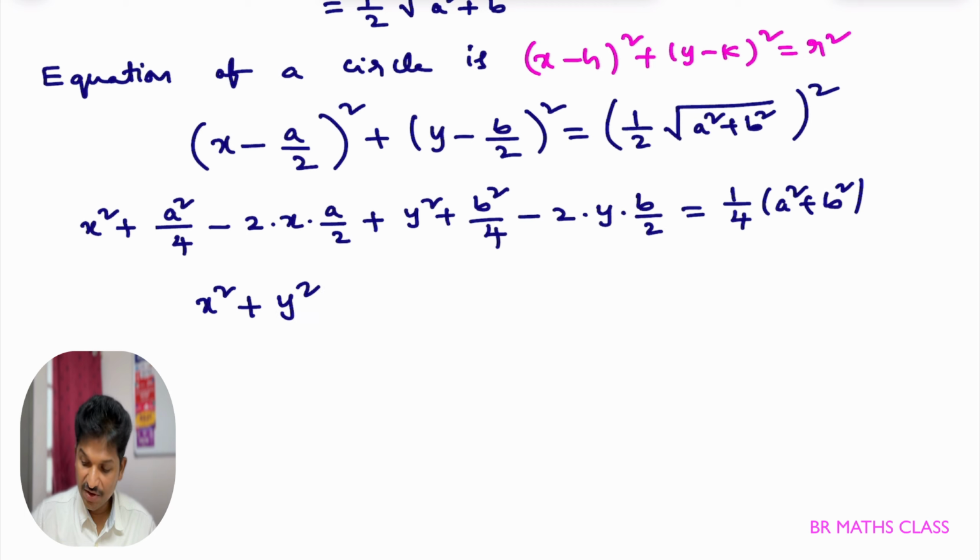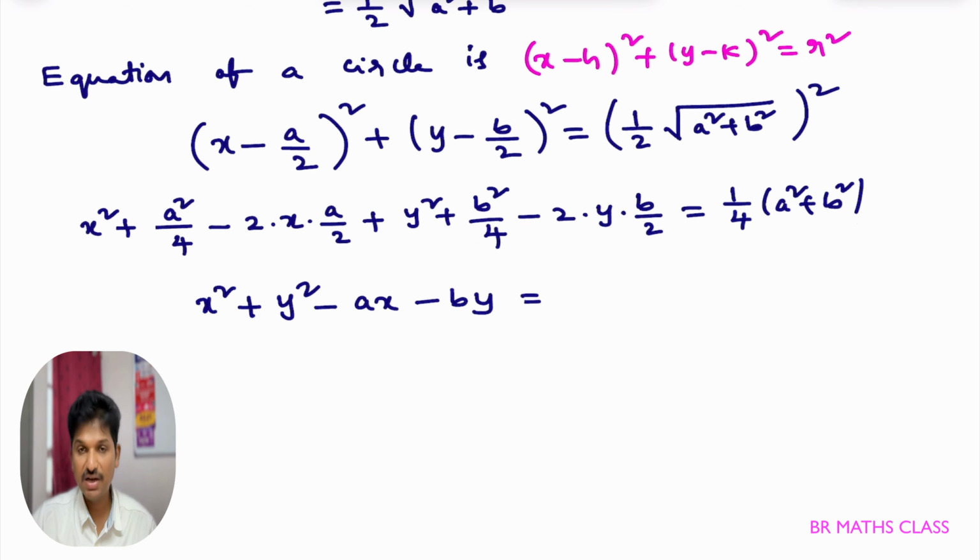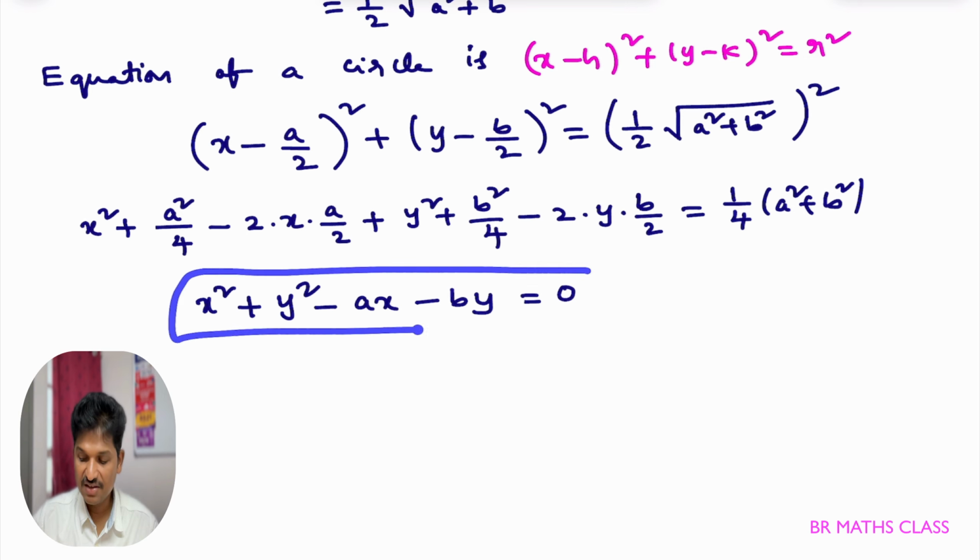Directly I am writing the first x square term, next y square term, next x term, this 2 will get cancelled, minus ax. Next y term, 2 will get cancelled, minus by. You see here, these things will get cancelled. So if we take all to the right hand side part, they will get cancelled and you will get 0. So the required equation of a circle is x square plus y square minus ax minus by equal to 0.